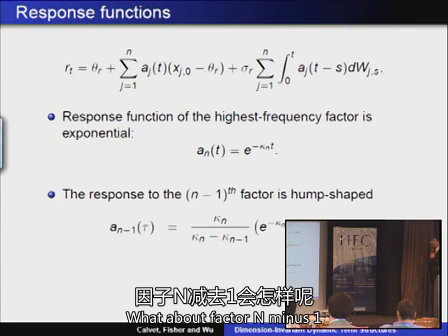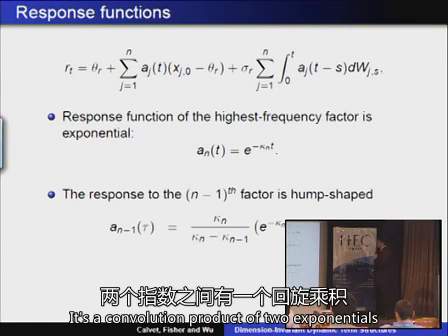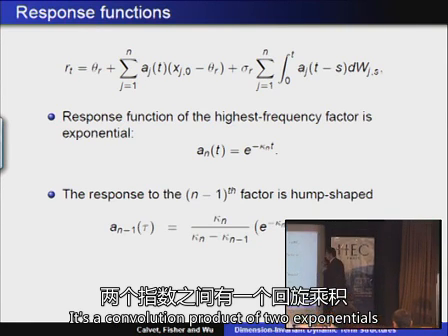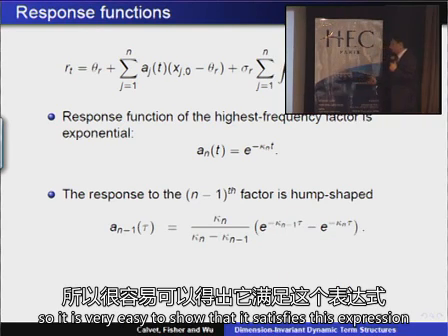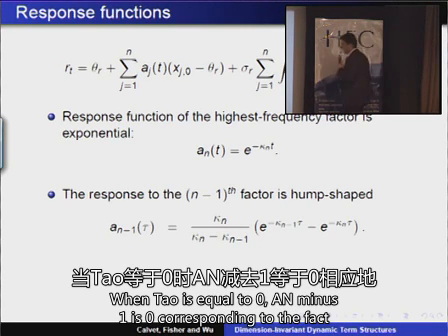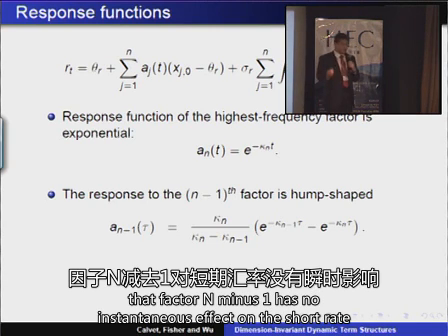What about factor n minus 1? Well, it's a convolution product of two exponentials, so it's very easy to show that it satisfies this expression. When tau is equal to 0, An minus 1 is 0, corresponding to the fact that factor n minus 1 has no instantaneous effect on the short rate.